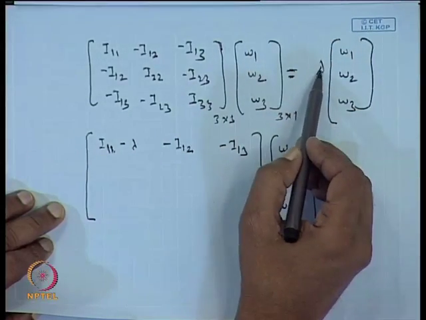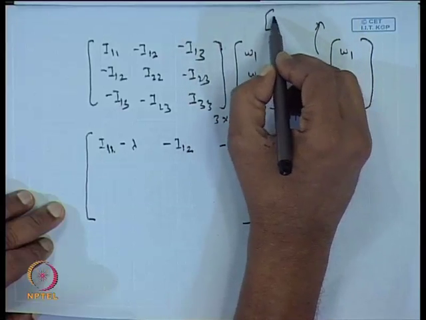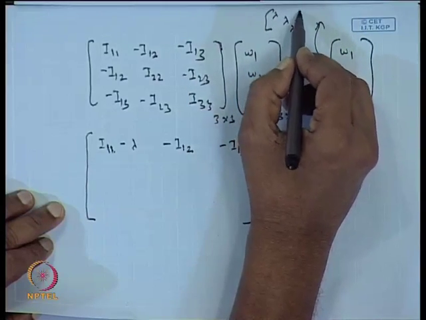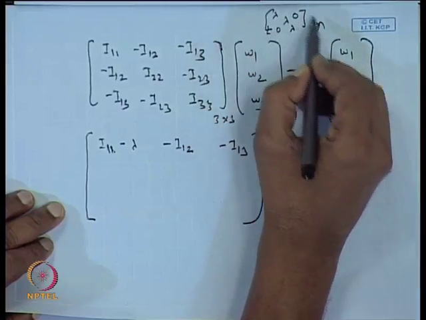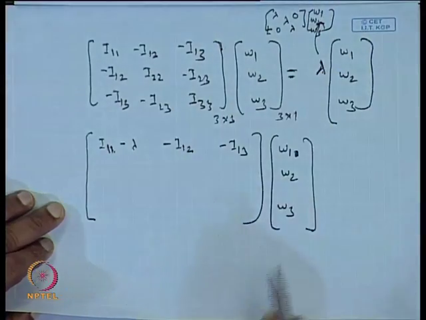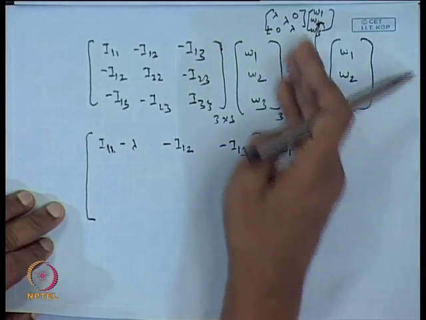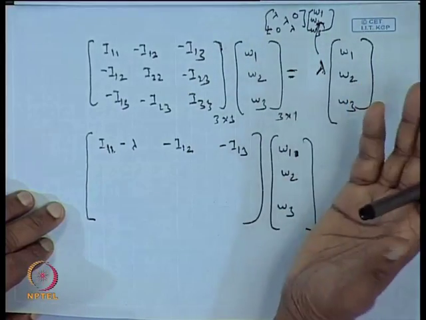What you need to do is put this in the form of a matrix with lambda, lambda, lambda as diagonal terms and the rest 0, multiplied by omega 1, omega 2, omega 3, and subtract on this side. Basically you are multiplying with the identity matrix, and if you multiply with the identity matrix you change nothing.